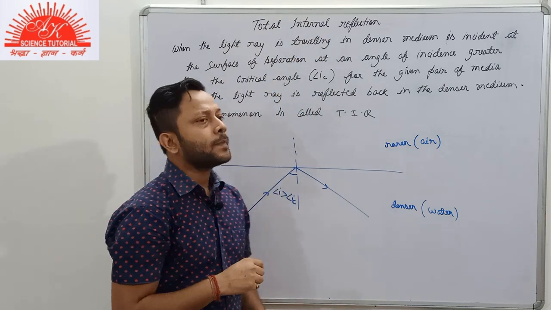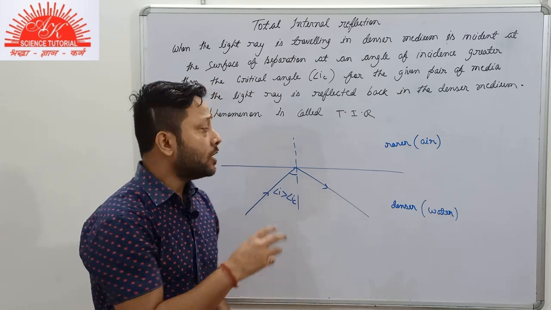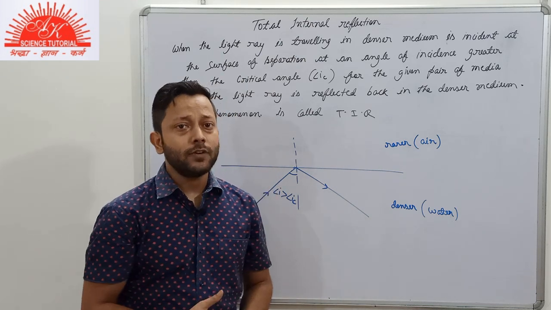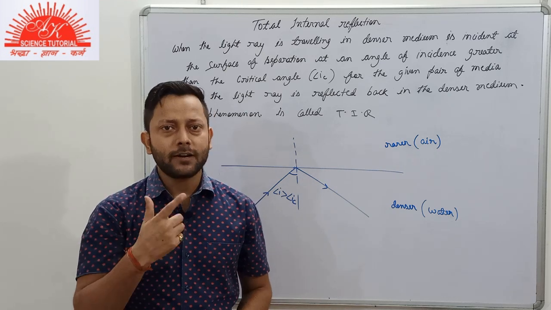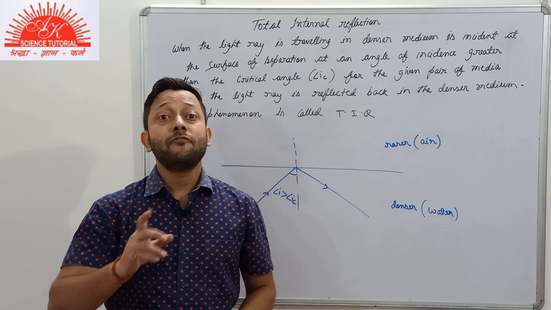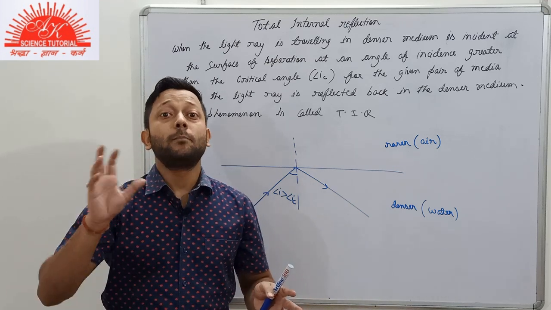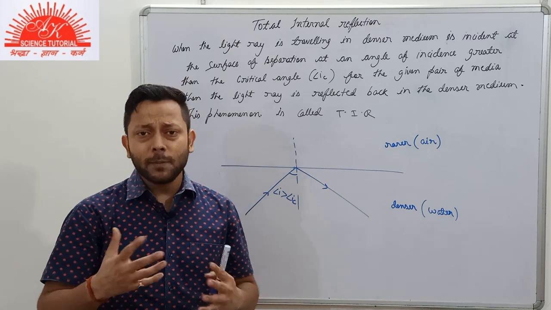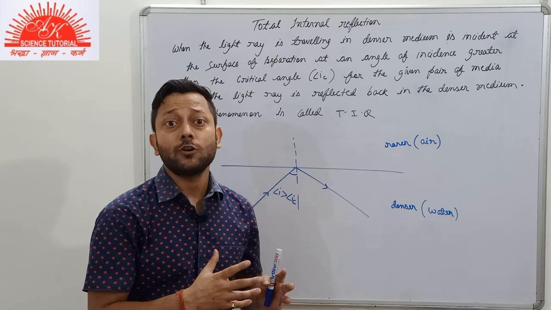You might be asked why in binoculars or periscopes we use a prism instead of a plane mirror. A plane mirror reflects the light ray, but it might be possible that some intensity of light is absorbed in the case of a plane mirror.